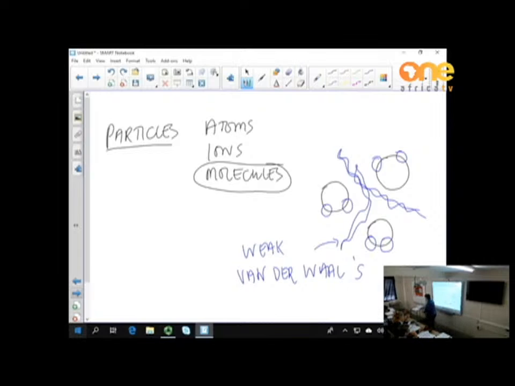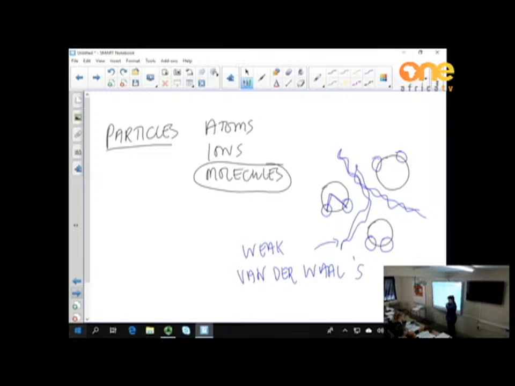Now, they are both intermolecular, between molecules. What does intramolecular mean? Inside. Intramolecular, what forces do I have? Covalent bonds.